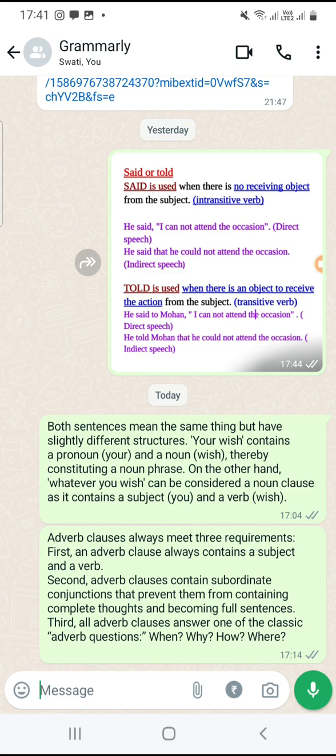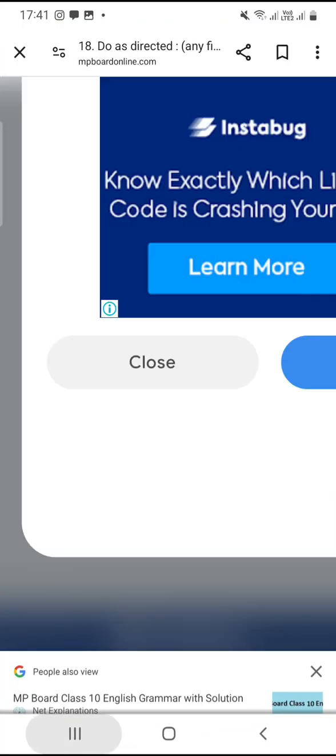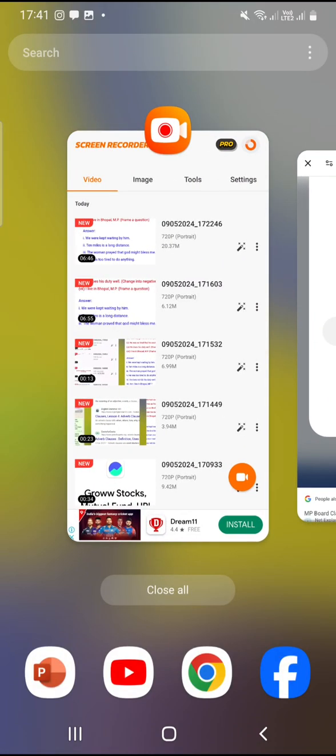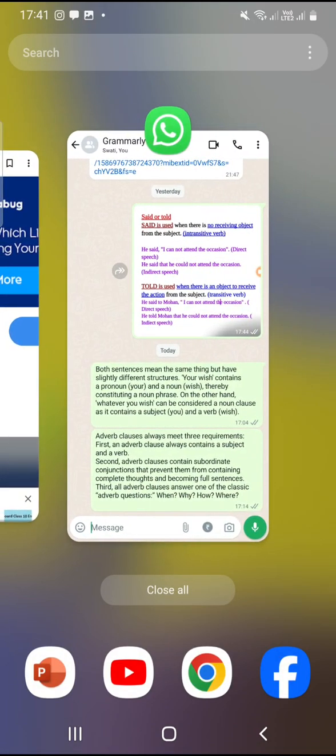Number two, an adverb clause contains a subordinate conjunction. I am telling you, subordinate conjunction. And third, an adverb clause always replies when, why, how, where, right? So here please take care, right?